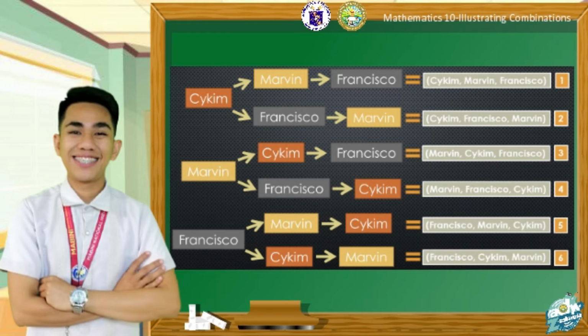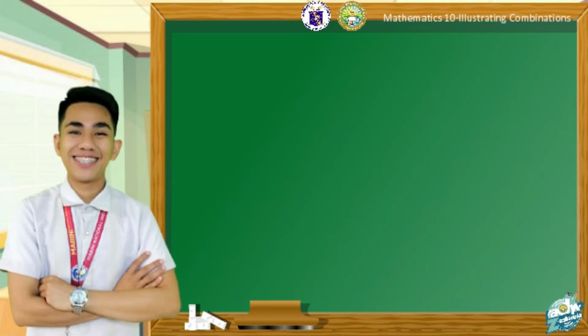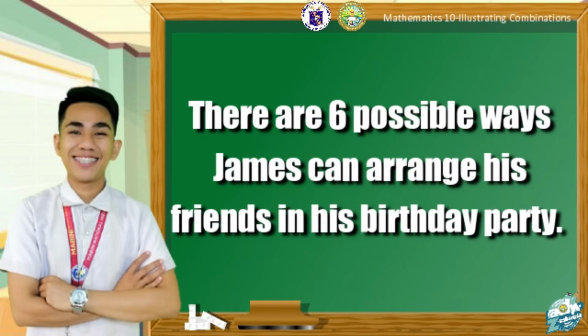Followed by Marvin, Francisco, Louis. Next, we have Francisco, Marvin, Louis. Or Francisco, Louis, Marvin. Again, there are 6 possible ways James can arrange his friends in his birthday party.